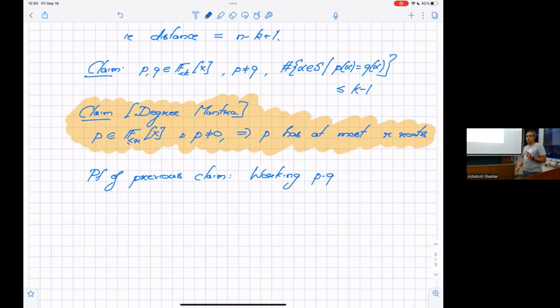So this will actually tell you that for two polynomials, it's not just a 1-1 mapping, it's a mapping in which they are very, very different. You take two distinct polynomials and follow this mapping.